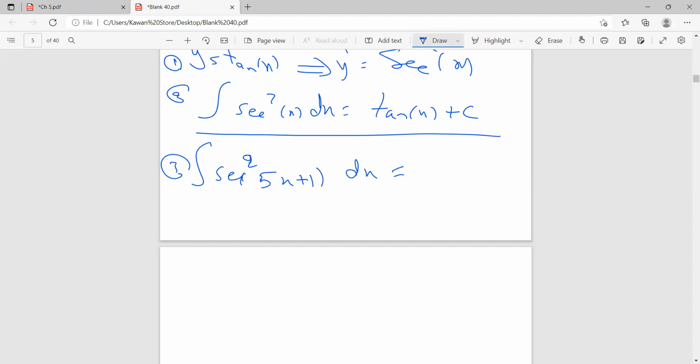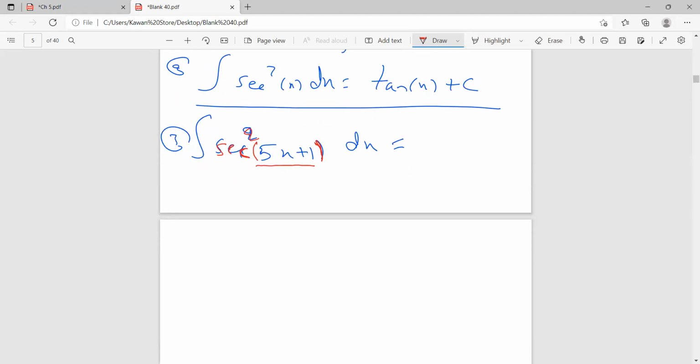So in that case, we need a derivative of here, because you have a parenthesis here, and because this is a square. Because this is the direct method. So in that case, the derivative of it is equal to what? 5, am I right? So I'm going to add 1 over 5 outside.